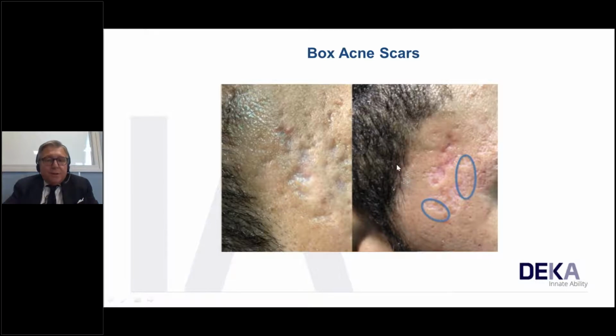And on the left, in this point, we still see the fractional dots because we combine the two modalities in the same session. First fractional to stimulate, and we will see the results in 2 months, because you know that for getting new collagen from collagen type 1 to collagen type 3, new elastic fibers, and so on, we need more than 1 month. So we have to wait.